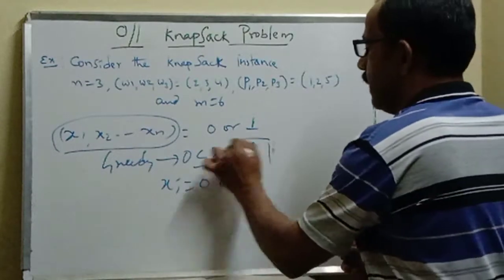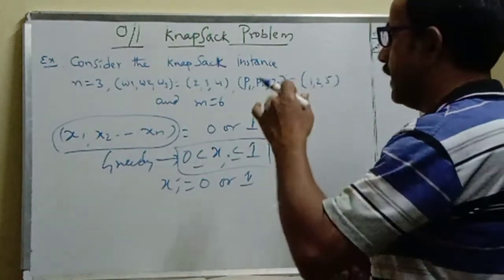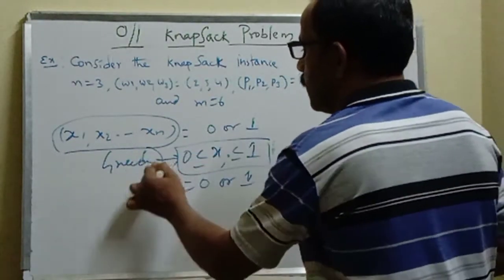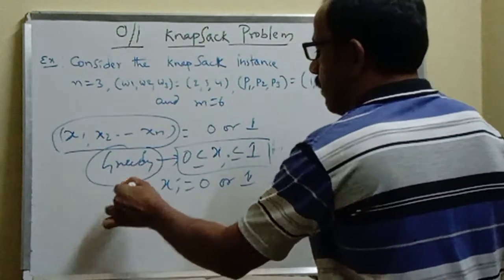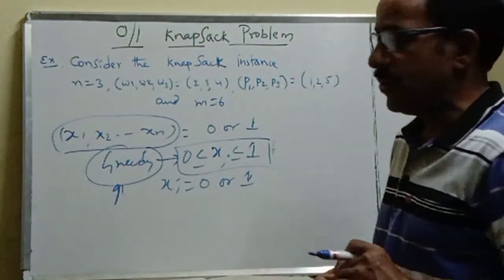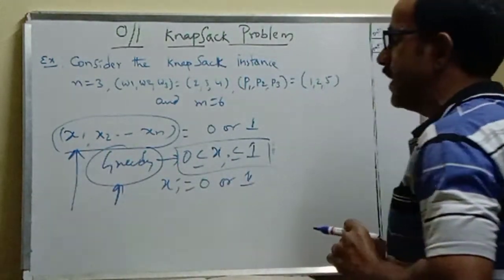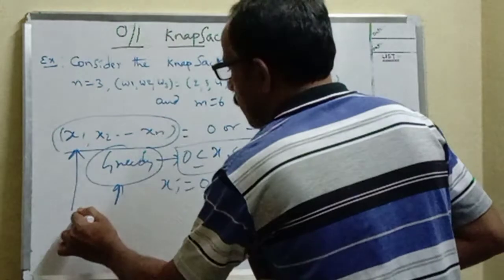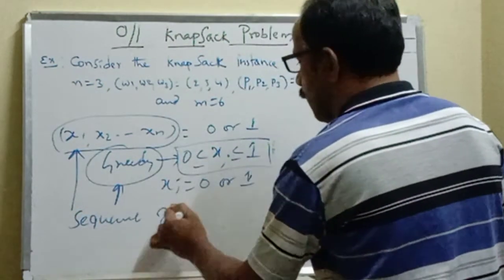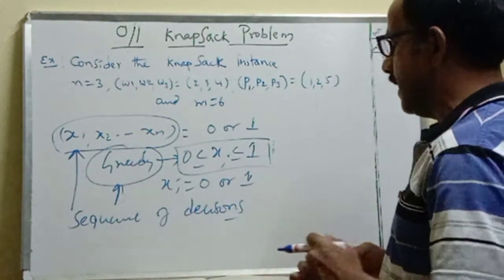In greedy, we can also select fractional values, and with a slight modification we get the optimal solution. But greedy follows a straightforward approach, and with such approaches we sometimes cannot get optimal solutions. There is a guarantee of getting the optimal solution using dynamic programming, because dynamic programming makes a sequence of decisions.